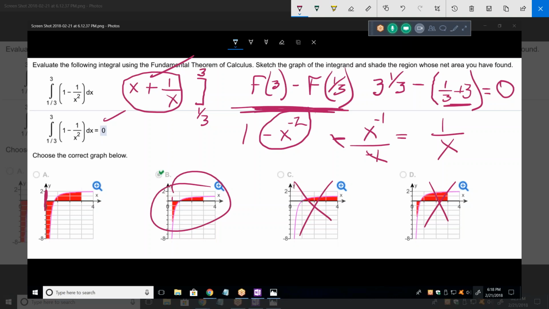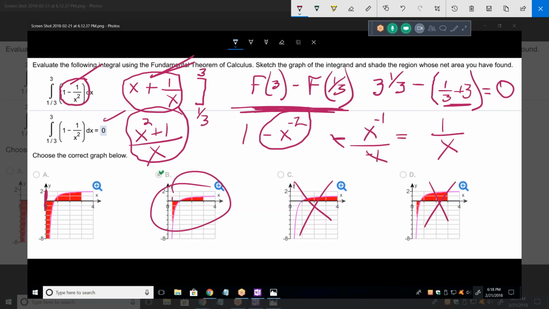But the question is, can I graph that? That would be x squared plus 1 all over x. That is going to have a slant asymptote. I don't see any of those that have a slant asymptote. No, it's graphing that. Oh, okay. Not the antiderivative. We're not graphing the antiderivative, we're evaluating the antiderivative.